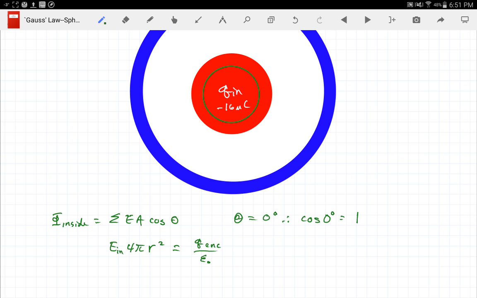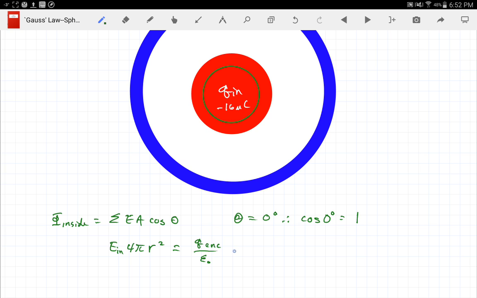Now, there are two ways that I can go about this because you know the answer to both of these questions. Question number 1, what's the electric field inside a conductor? Question number 2, what is the net charge inside a conductor? Both of those answers are 0. We learned that the net charge is always distributed on the surface of a conductor.